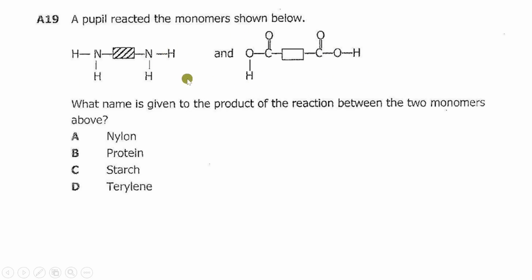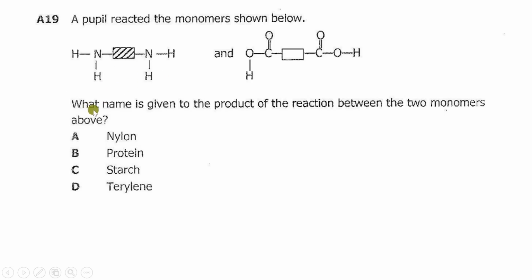Looking at the ends here, we have an amino group here and here. Here we have a carboxyl group, COOH, here. So this one is a dicarboxylic acid, meaning there are two of these. This is a diamine because there are two amine groups here.